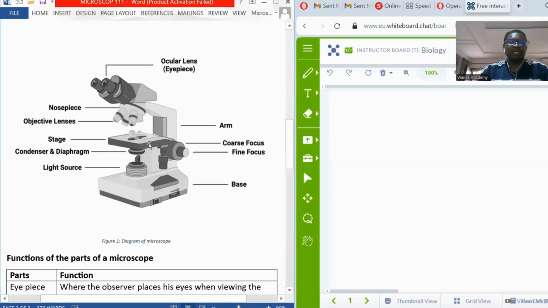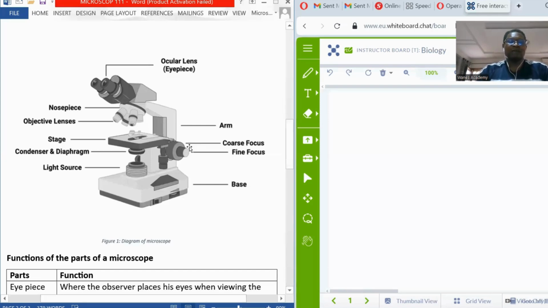Then after the stage, we have the condenser or diaphragm. The condenser is also adjustable. It is adjustable in the sense that we can adjust it to accommodate the amount of light or sunlight we want to pass to the object, to the specimen on the slide or on the stage. So we adjust the condenser to the amount of light that I want to focus on the specimen on the stage.